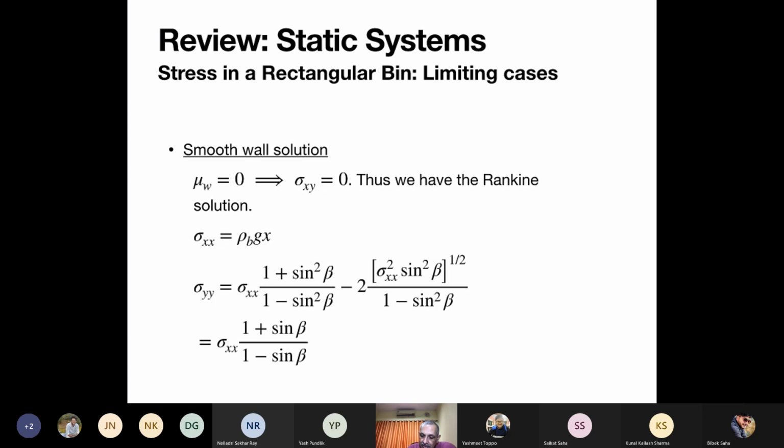So if we take the square root of this, it is nothing but sigma xx into sine beta. So it can be combined with this. So you'll get 1 minus 2 sine beta plus sine beta squared. So that is 1 minus sine beta whole squared. And so if you simplify it, you'll finally get this. So this is exactly what we got for the Rankine solution.